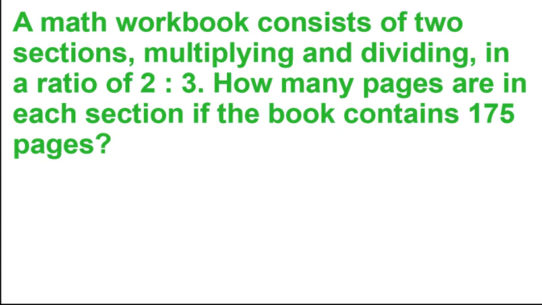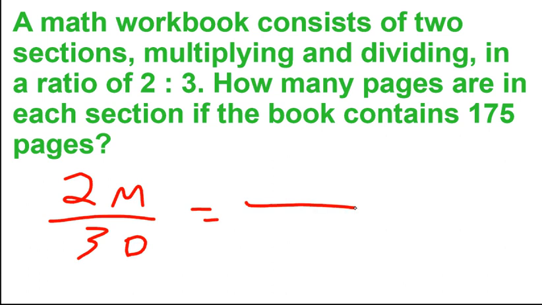So most of you got your ratio of 2 to 3. That 2 will be a multiplying section, 3 would be the dividing section. Order matters, multiplying was first, then dividing. A lot of you, I see, are setting it up like this. What that is, that 175 is the amount of pages. So I've got to make a change. All right, which number do I need to change? Or which number is probably easiest to change?